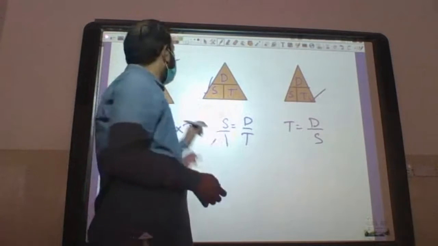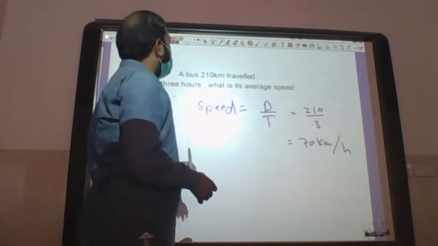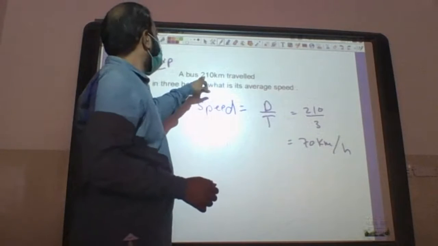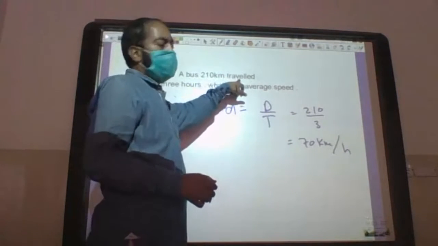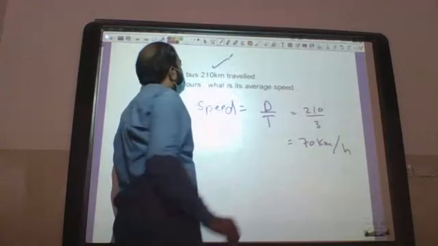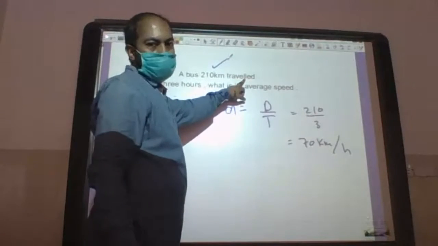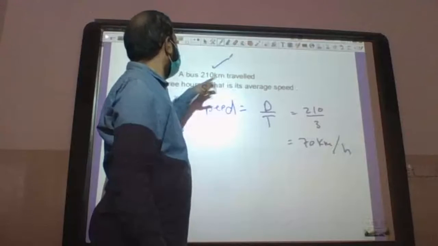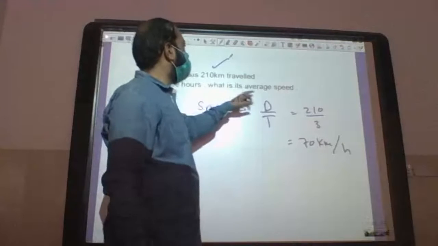The concept is clear. Then I have put one question: a bus traveled 210 kilometers in 3 hours. First of all, I know this is the distance, 210 kilometers, in 3 hours. What is the average speed?